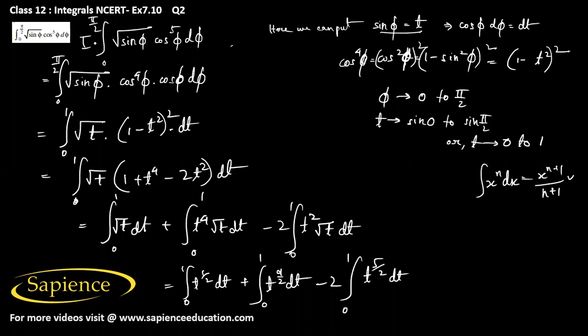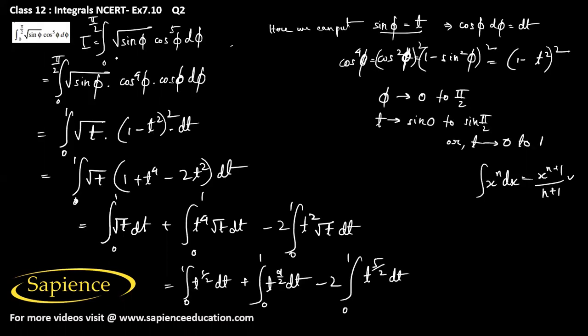So the integral, let's say it is I, we can write as integral 0 to 1 t power half dt, then plus integral 0 to 1 t power 9 by 2 dt, then minus 2 integral 0 to 1 t power 5 by 2 dt.